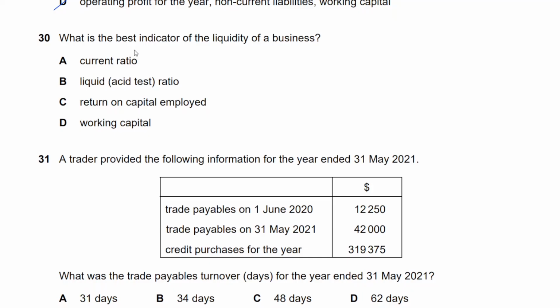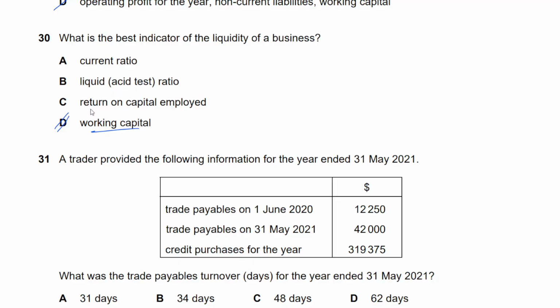What is the best indicator of liquidity of a business? Well, current ratio and liquid asset test ratio are two liquidity ratios here. We also have working capital, but this is in numbers. This working capital is just current assets minus current liabilities. So that's not the best one. It's just in amounts. It's not really a ratio.